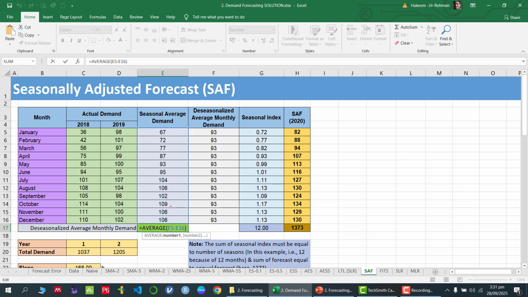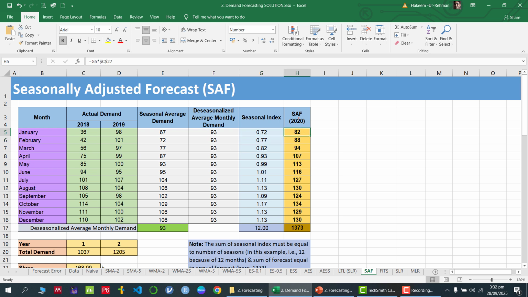Once we have done this average, this represents the deseasonalized value for every month, which means we have nullified the seasonality. Then we calculate the seasonal index. That is basically 67 divided by 93, 72 divided by 93, 77 divided by 93.